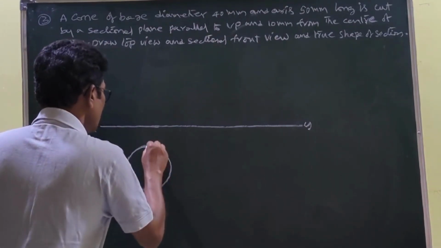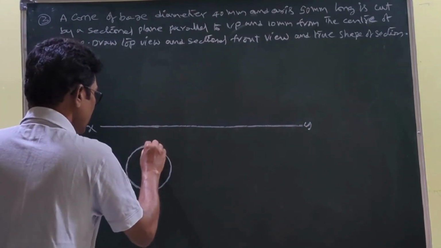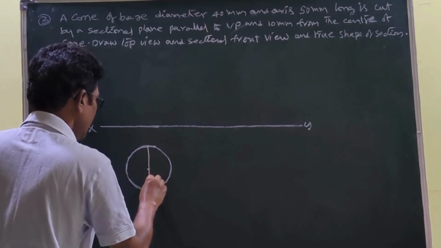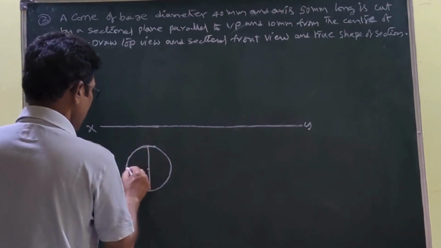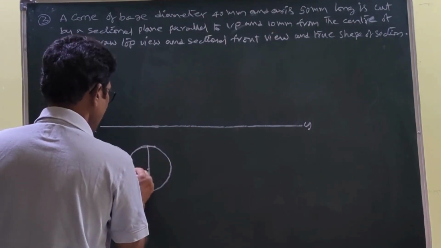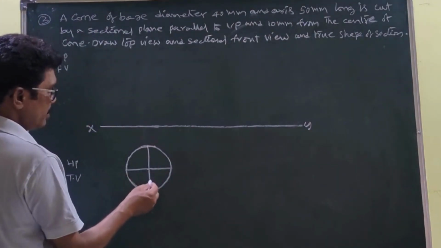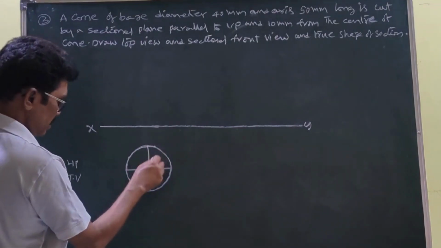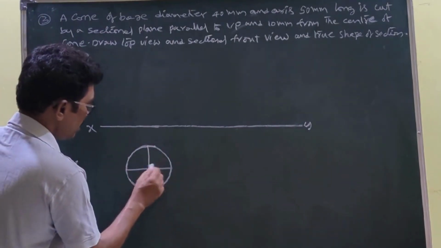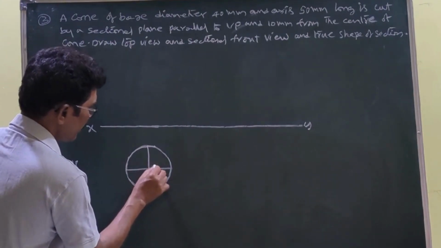You draw a perpendicular line to the XY reference line so that you can identify the radius and diameter. You draw a parallel line passing through this point. This is also a diameter. I would like to divide the circle into 8 parts, so you set up 45 degrees here.